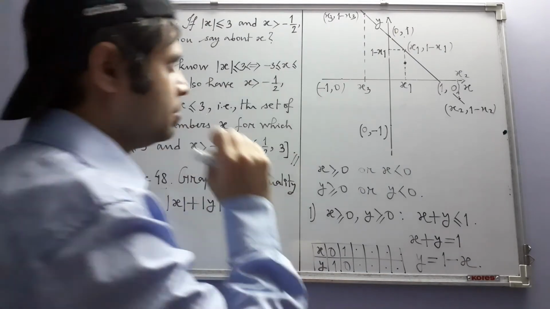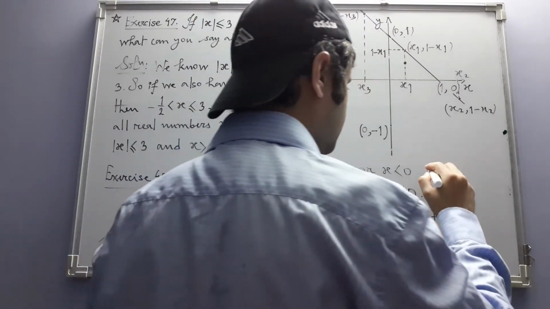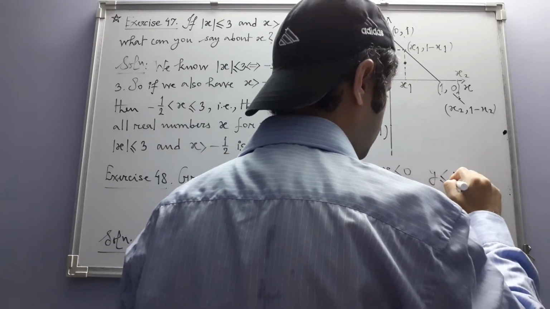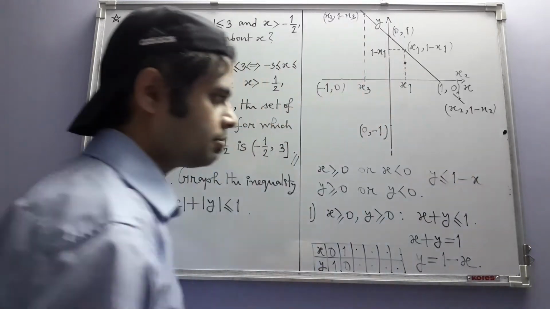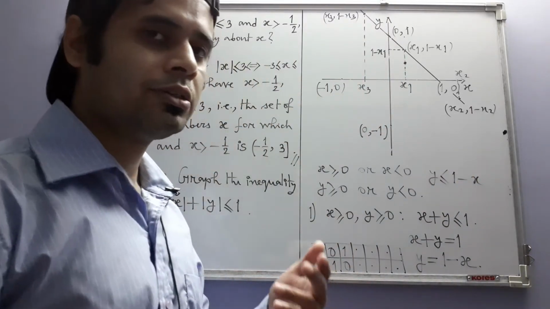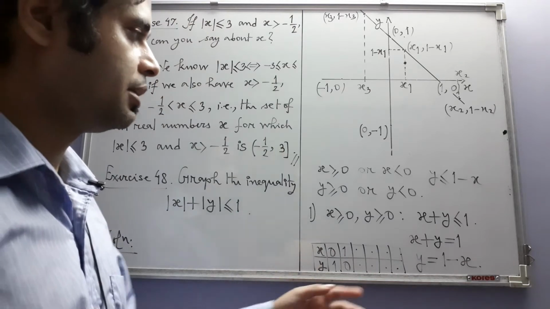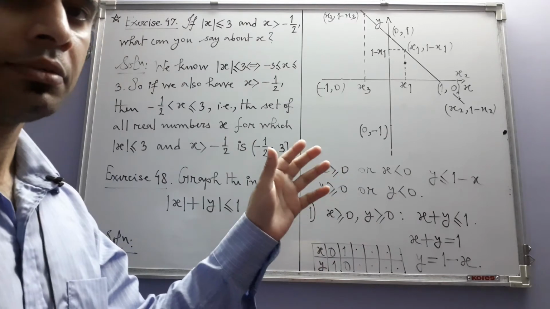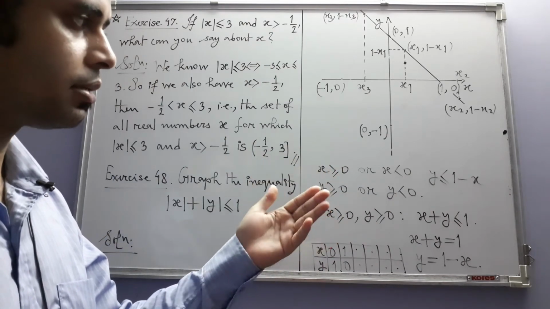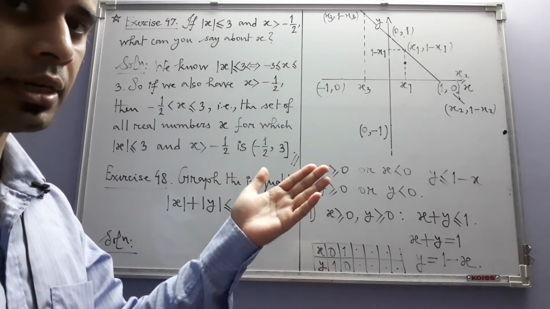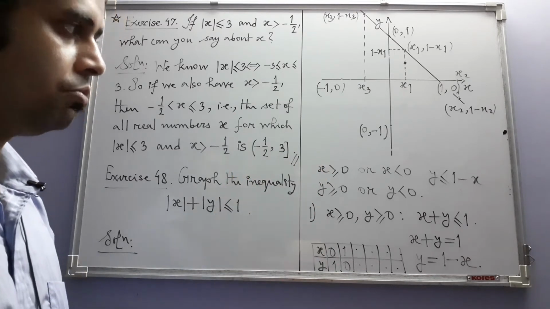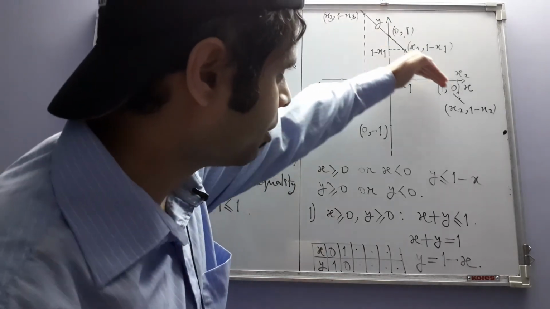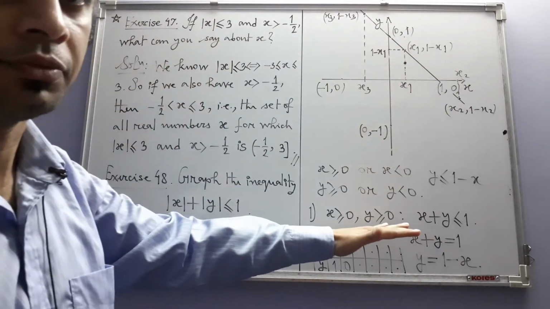Okay, so what do you think of this inequality? I am going to make a statement now, see if it makes sense. The points that will satisfy this inequality, in other words, the real numbers x and y that will satisfy this inequality, will correspond to points that will lie below this line, that is on this side of the line.